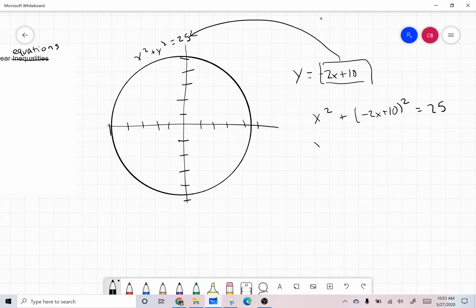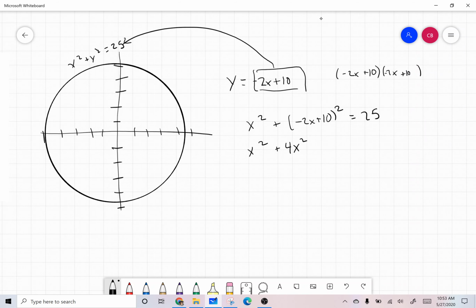Okay, so now we have x squared plus 4x squared. This times this, so I'm doing the distribution. Negative 2x plus 10, negative 2x plus 10. So we get minus 20x and minus 20x, so that's minus 40x plus 100 is equal to 25.